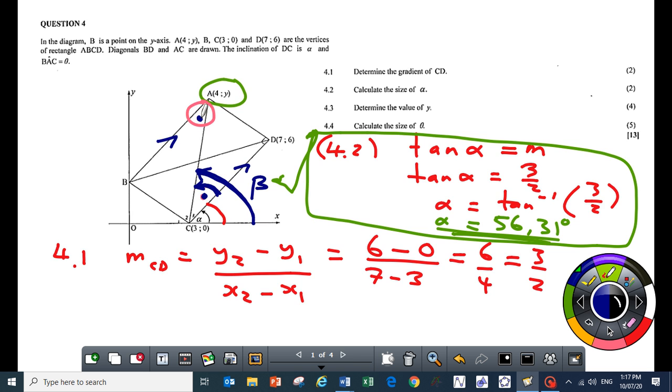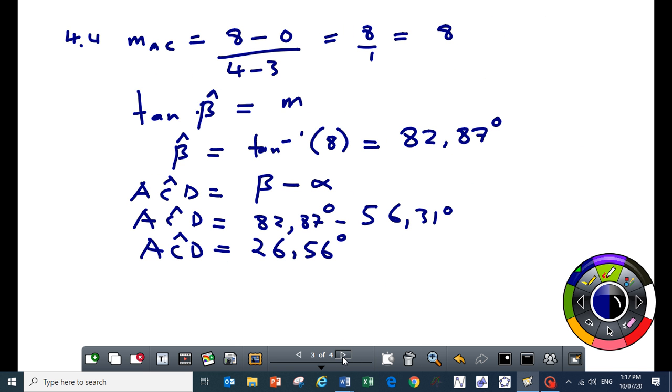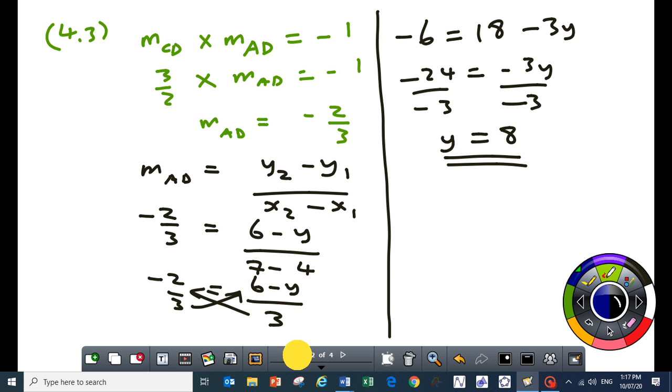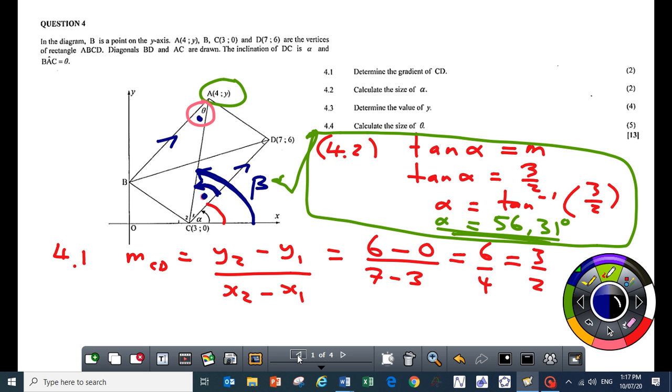So, I'll write here, theta is equal to 26,56 degrees. Why? Alternate angles. Please, you don't write alternate angles equal. You write alternate angles, then you must state the lines that are parallel.